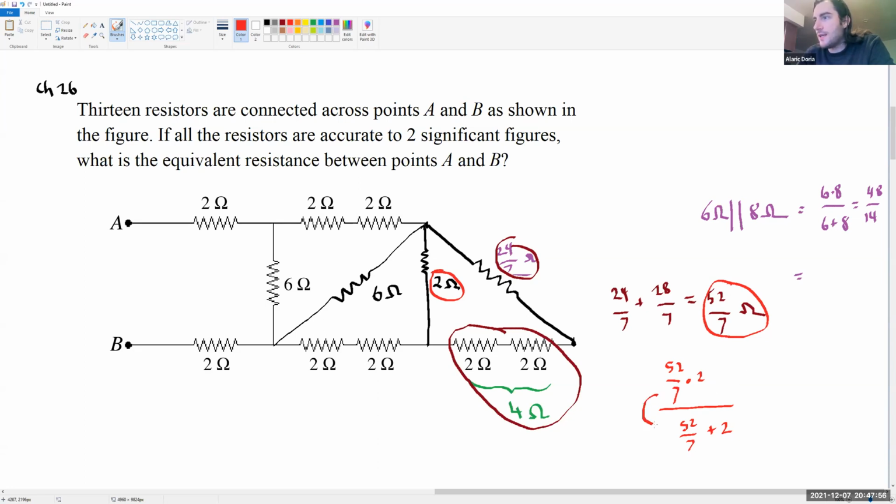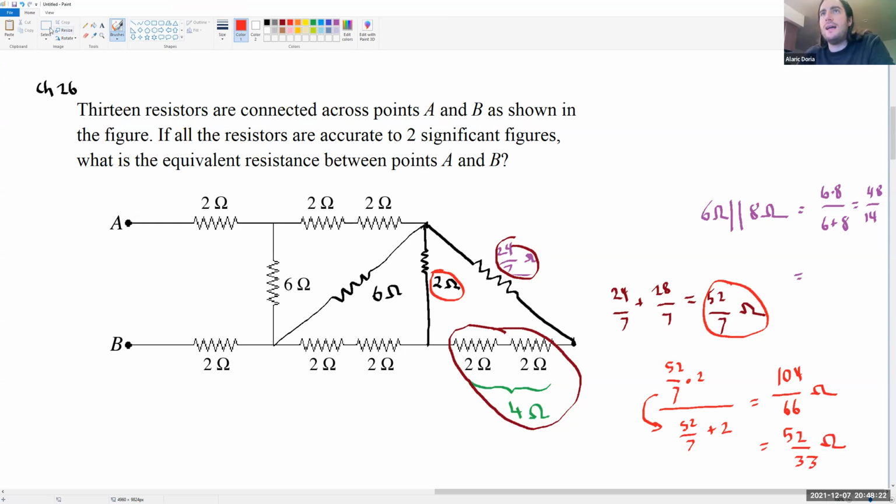Best way to do this is to carry this 7 down into the denominator. So that way we end up with 104 over 52 plus 14, which is 66. So 104 ohms over 66 ohms. Again, this can be reduced to 52 over 33, but then it can't be reduced any further.